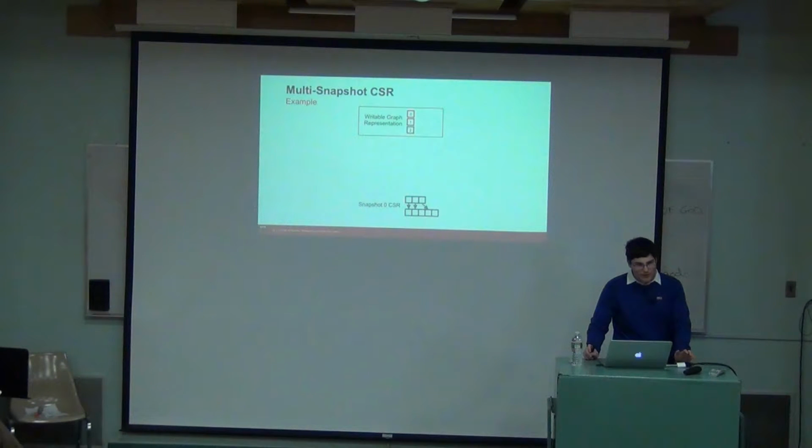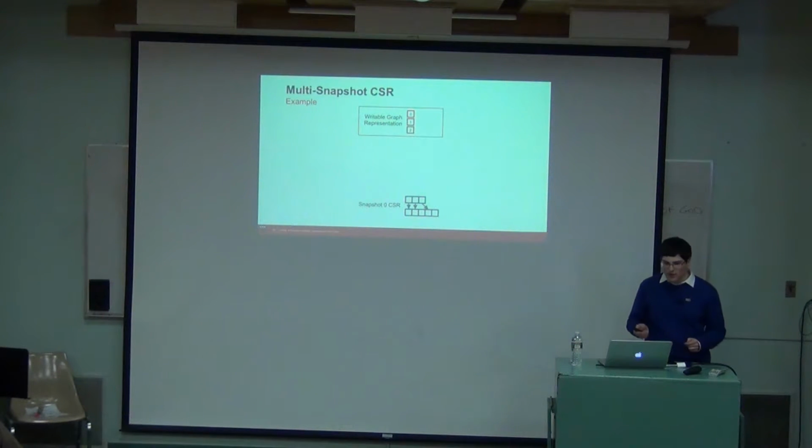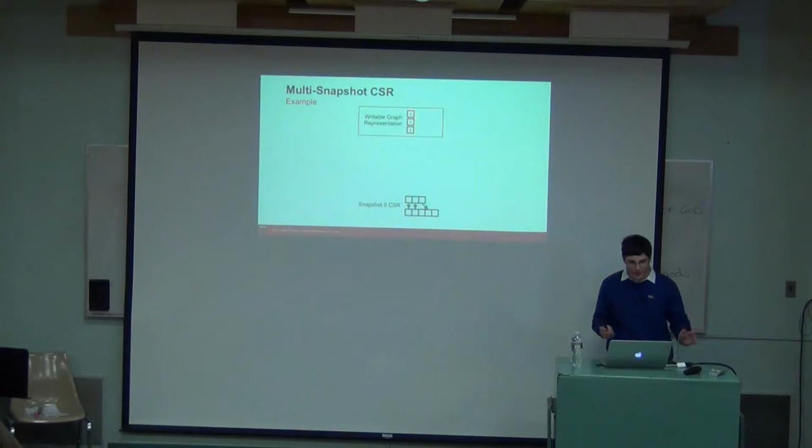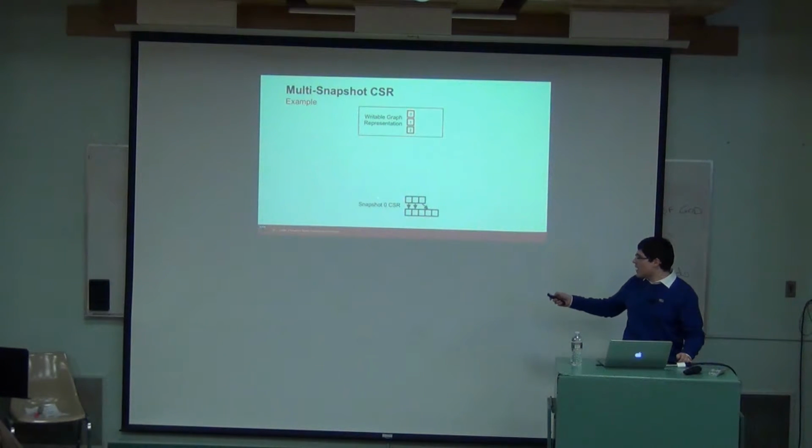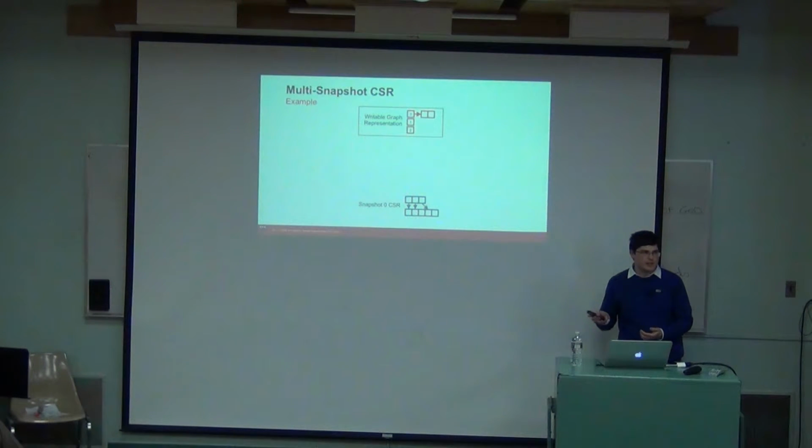So instead of modifying CSR directly, which I told you we're not going to do, we are going to treat this as a multi-snapshot CSR, whatever that means. This is our initial graph here at the bottom. We're going to call it snapshot 0 CSR, and we are going to record all the updates here on the top in one of the other representations that's actually optimized for writes.